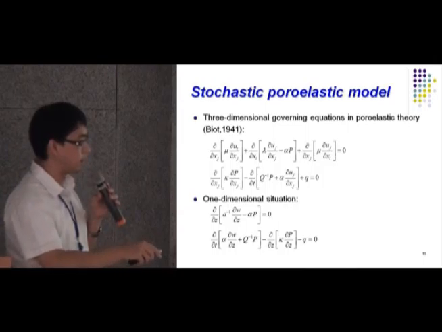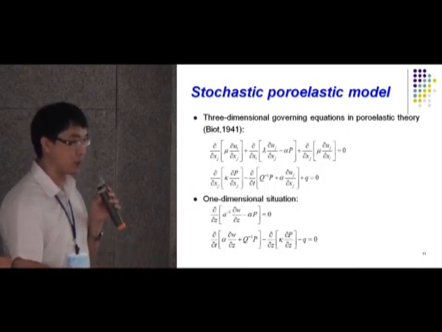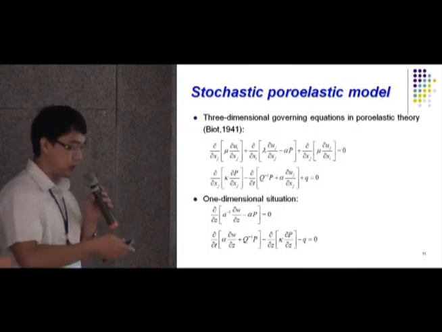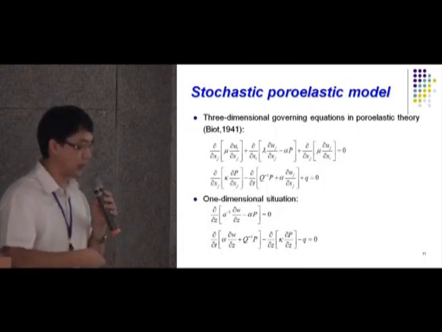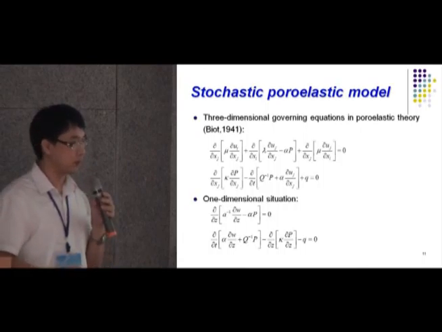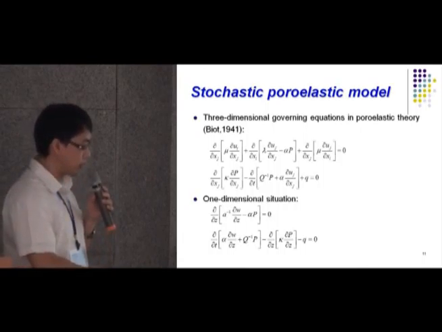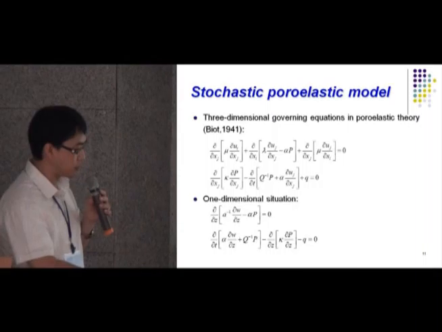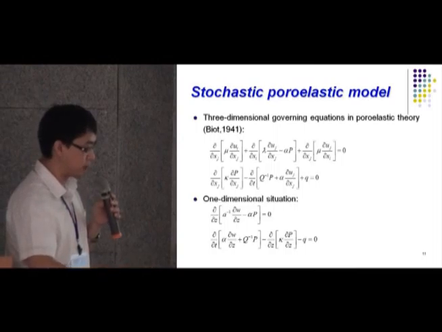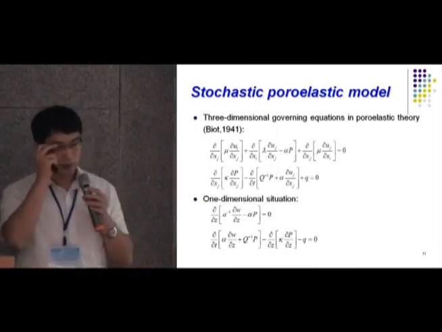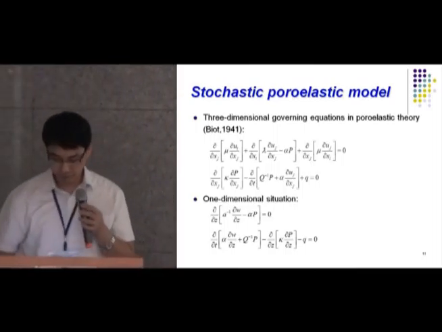So we have 4 equations and 4 variables here. But we simplify to the one-dimensional situation to see if we can observe the reverse behavior. We have the vertical displacement and the change in water pressure. And this is a coupled system because we solve them at the same time.